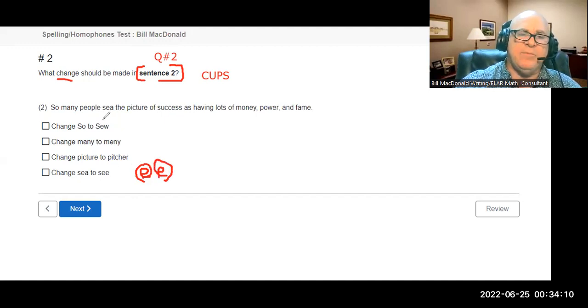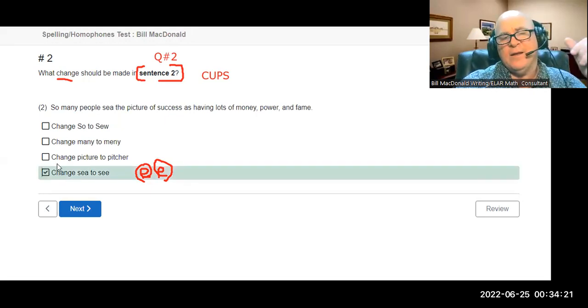So since I'm seeing the picture, that seems to be the one that I want to select. If I'm going to select that one, then I've got to go back and tell you in words, written or spoken, what's wrong with the other answers.